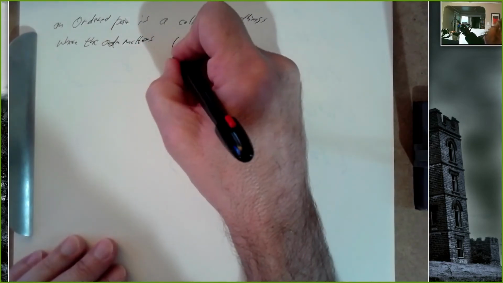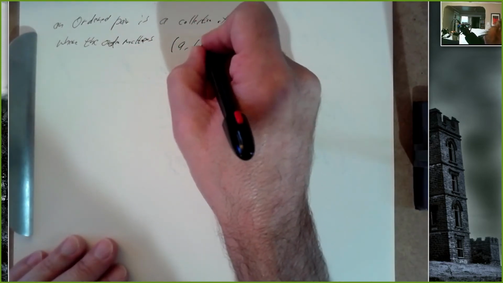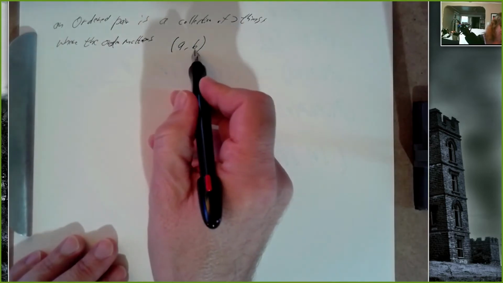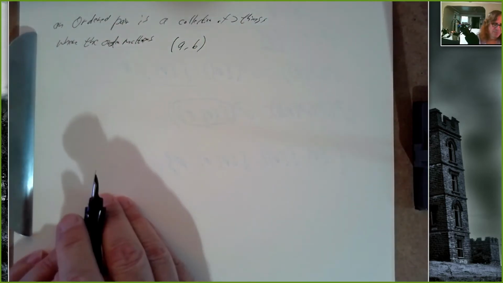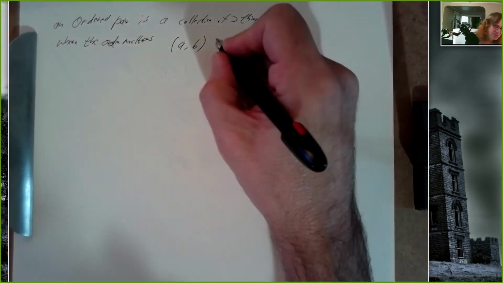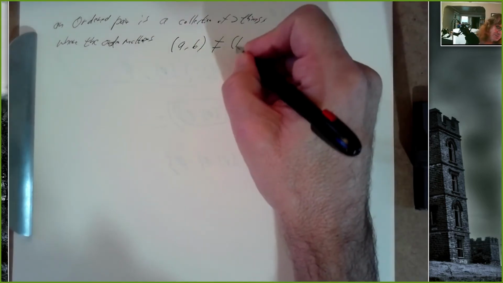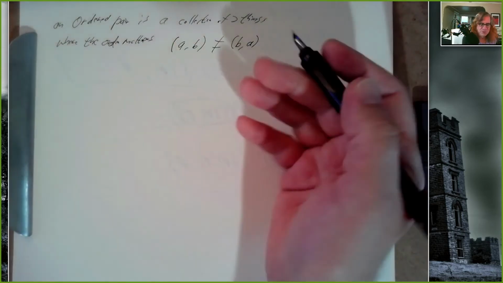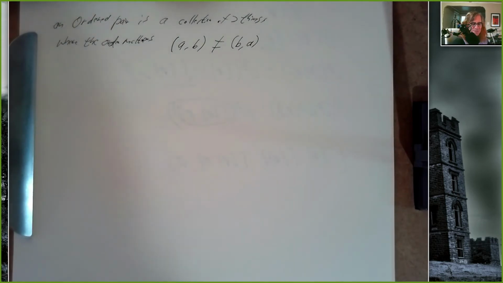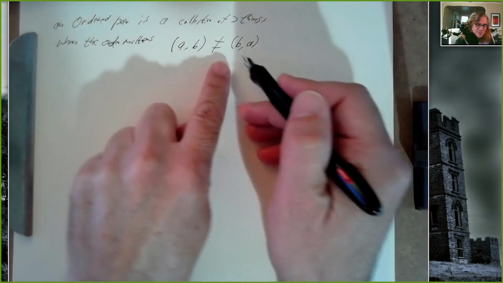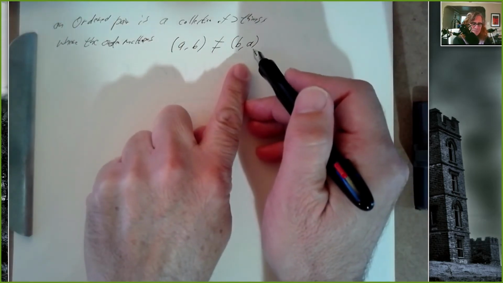So for example, we would write parentheses A comma B. This is the first thing, this is the second thing. Okay, it's an ordered pair, so this is different from this ordered pair. Unless A and B happen to be the same thing. So like 2 comma 2 would be the same as 2 comma 2. But if A and B are different, this ordered pair is different from that ordered pair.